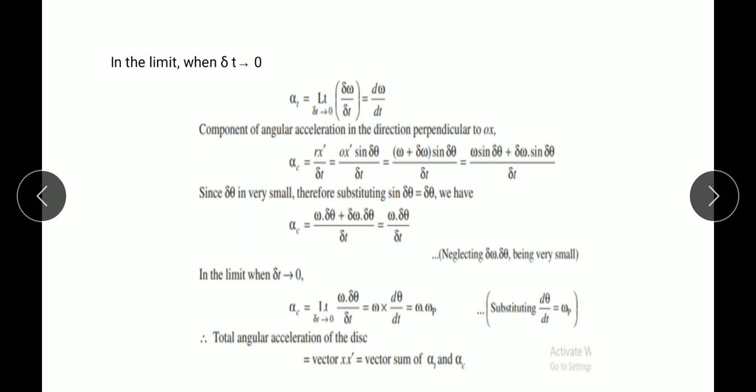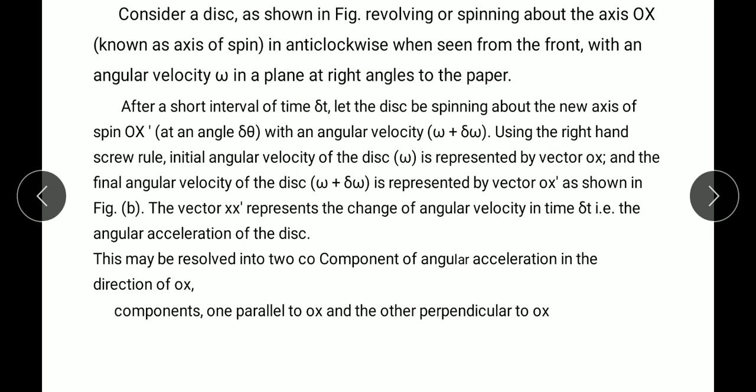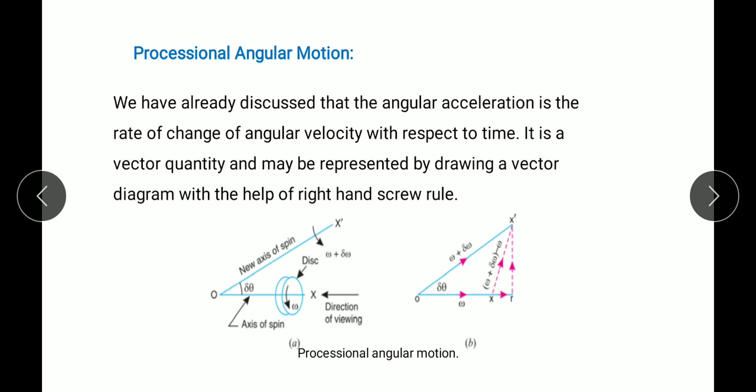Perpendicular to OX means XX dash. Here, this is XX dash, the change in angular velocity, perpendicular to OX.